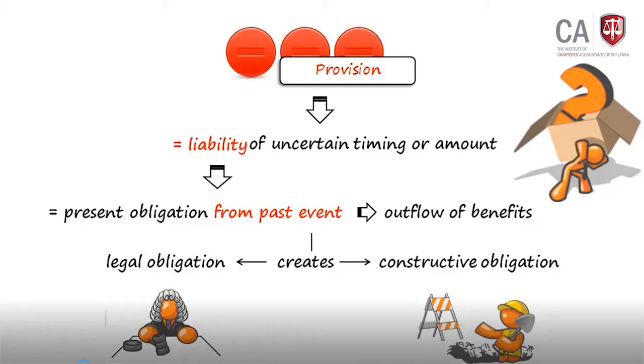Therefore, provision is also a liability. Why? It's a result of a past event, you have a present obligation, and when you settle that obligation, you expect an outflow of economic benefits. Very clear. So, the first thing you need to understand is that provision means a liability, because provision satisfies the definition of liability.